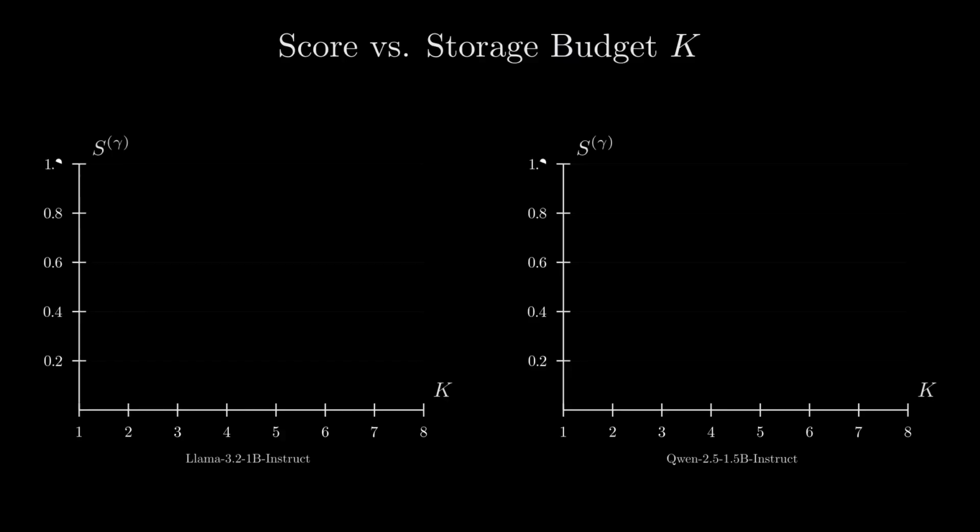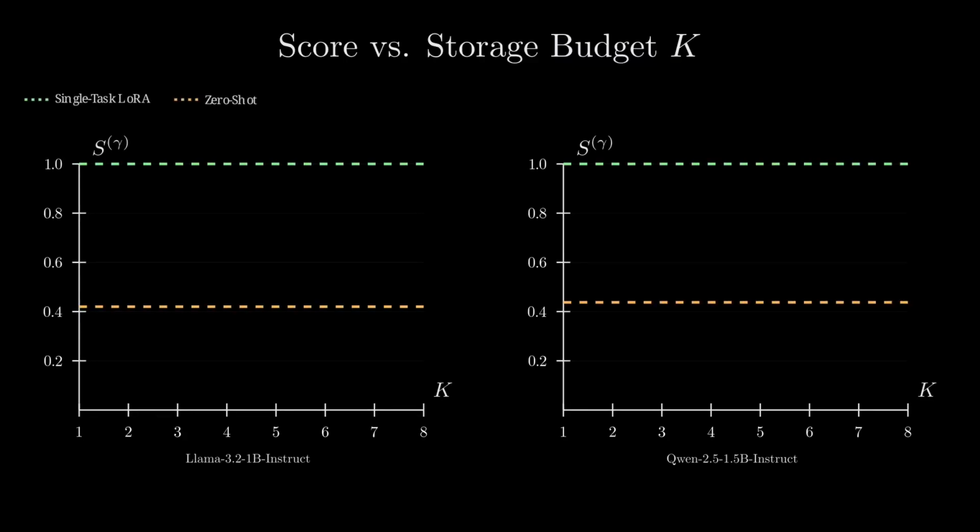Here we report performance at the final step, after all 40 LoRAs have been merged, versus the storage budget K on the x-axis, for two base models, Llama 3.2 1 billion and Qwen 2.5 1.5 billion. We show two references, zero shot, using no LoRAs, so the base model alone, and single task, where we keep all 40 separate adapters and pick the right one for each task. Importantly, all next methods share the same budget and the same similarity-based selection, only the merge operator changes.